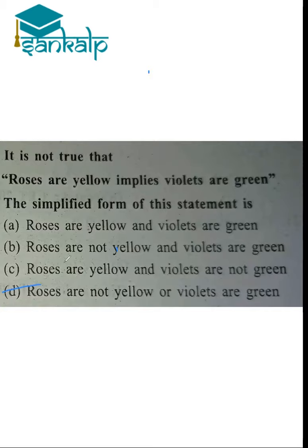The simplified form of roses are yellow implies violets are green is roses are yellow and violets are green. So option A will give us the right option. Next example.